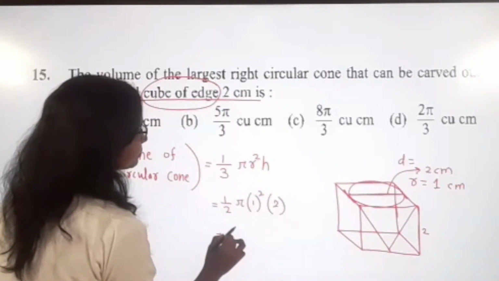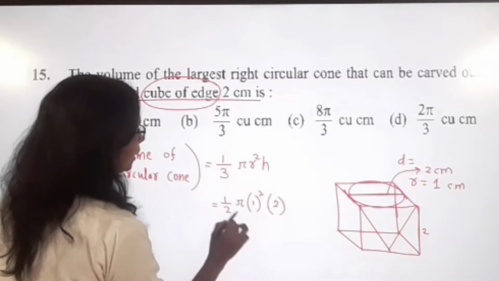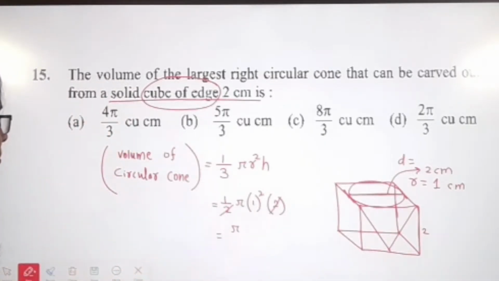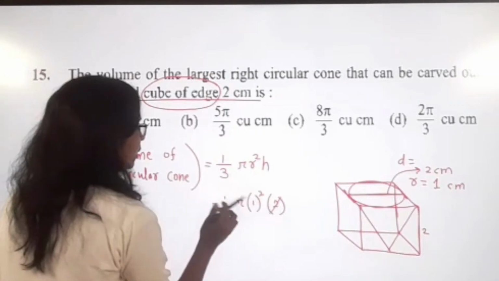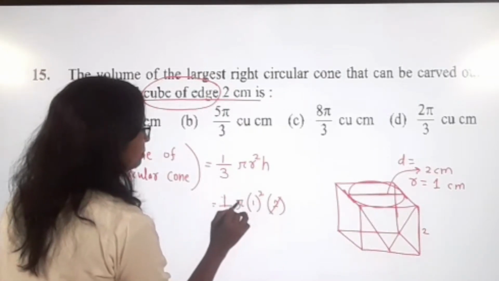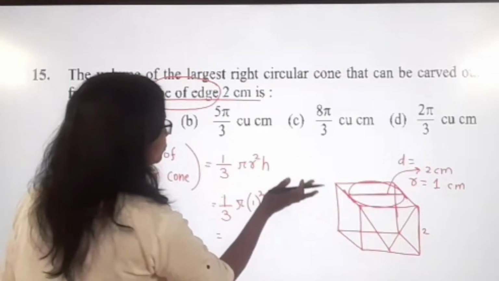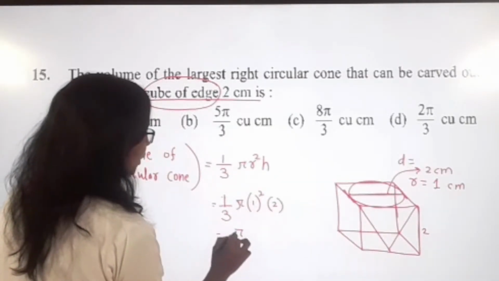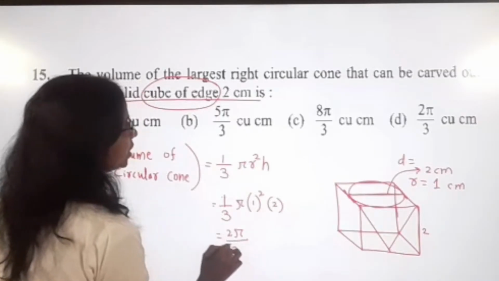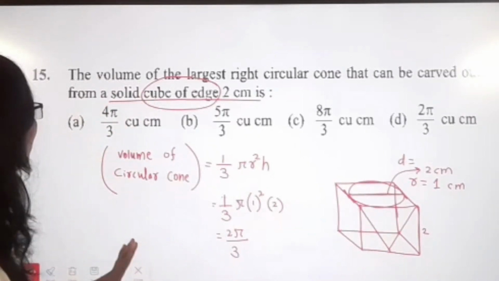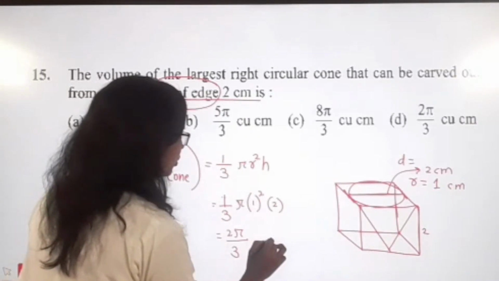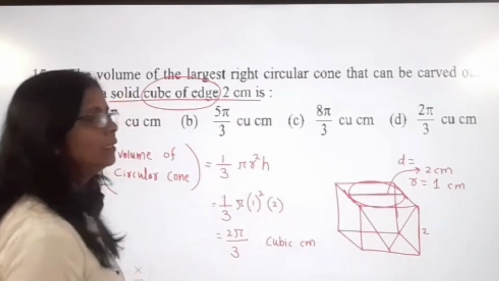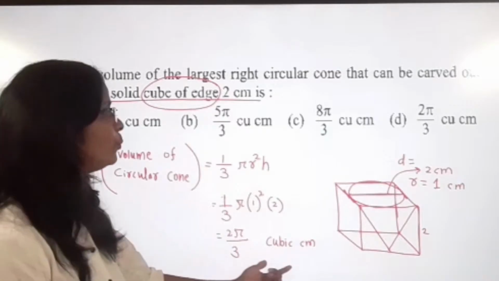So here, 1 upon 3 pi r square h gives 2 pi upon 3, and the unit is cubic centimeter. 2 pi upon 3 cubic centimeter.